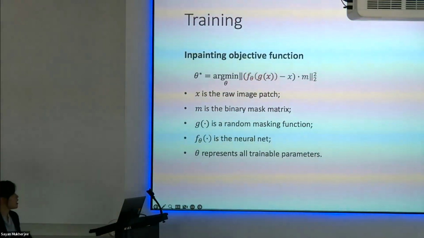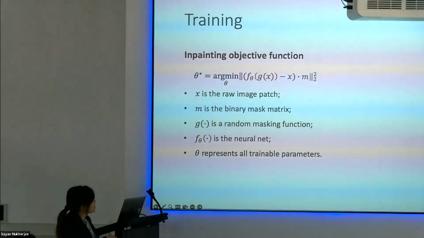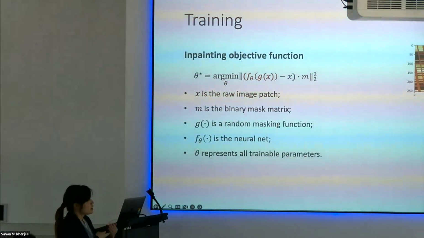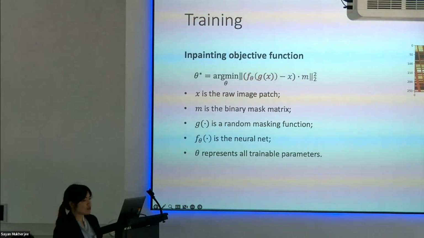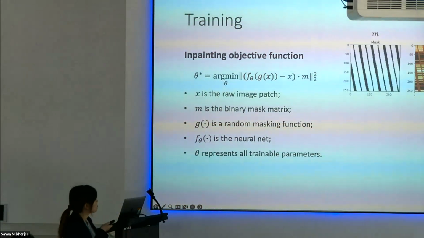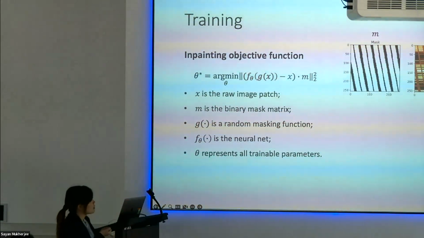And this is our objective function used in training. So we use X to denote the raw dynamic image or the raw image patch. And we create a binary mask for each patch with 0 and 1 assigned to the unknown and the known pixels. We also apply a random masking function G to the raw image and get the direct input to the network.